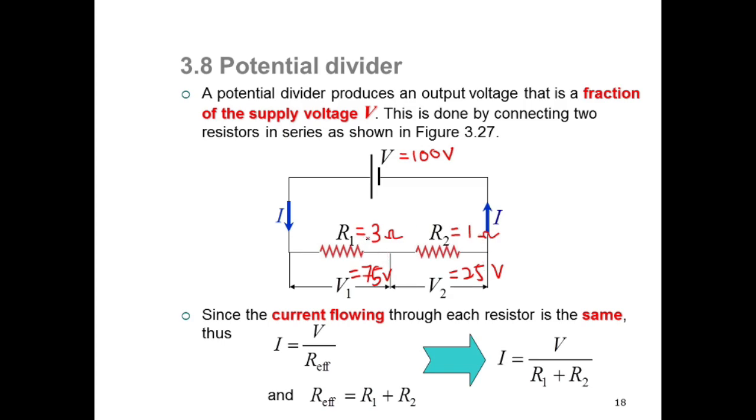So how can we calculate this 75 volts? Logically, you can just divide into percentage: 3/4 is 75% of 100 volts. This is the concept.